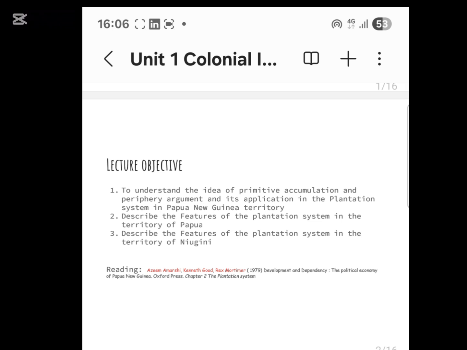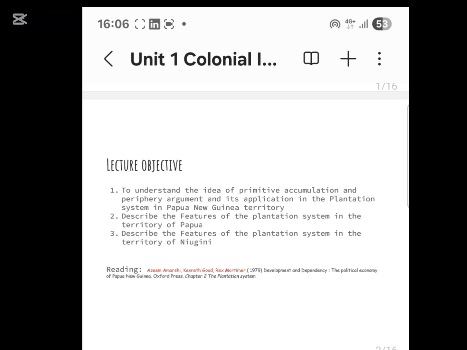The second is, after trying to understand primitive accumulation and the periphery argument, we use those 2 tools to understand and describe the features of plantation systems in the territory of Papua and the territory of New Guinea.